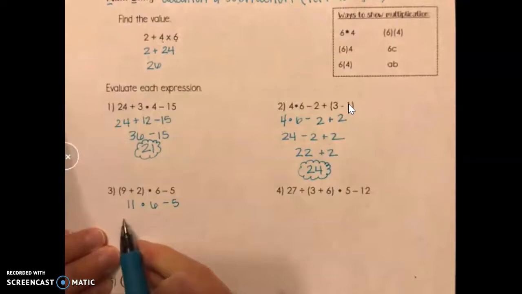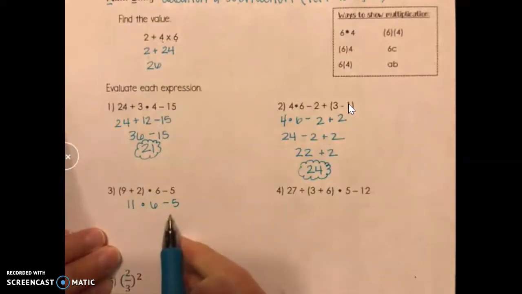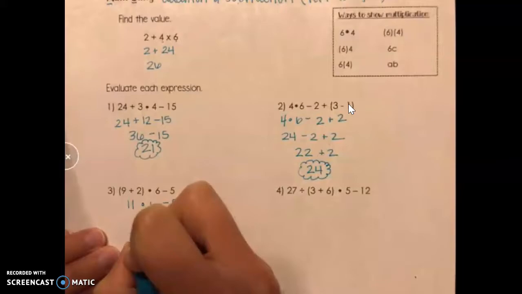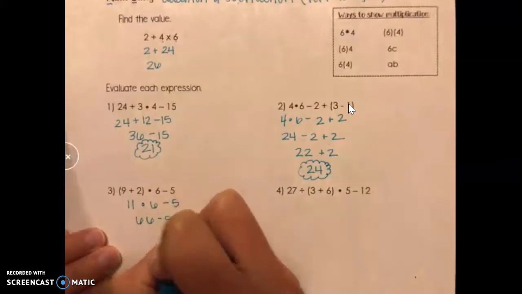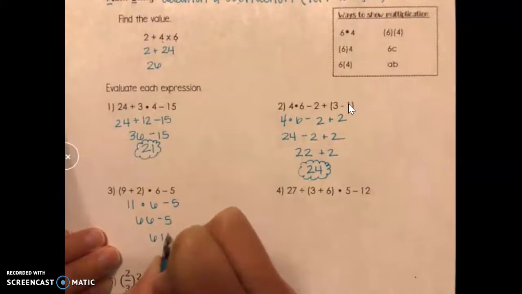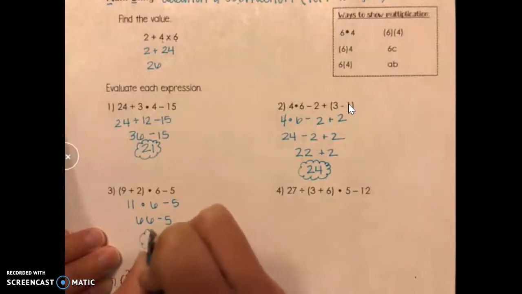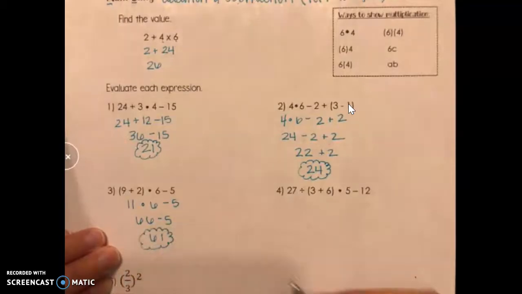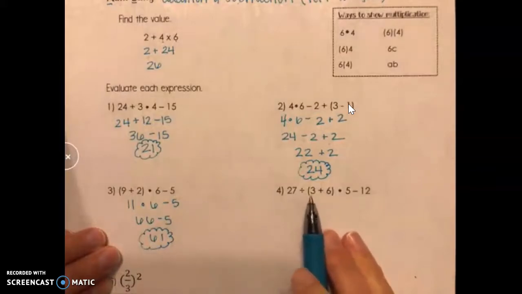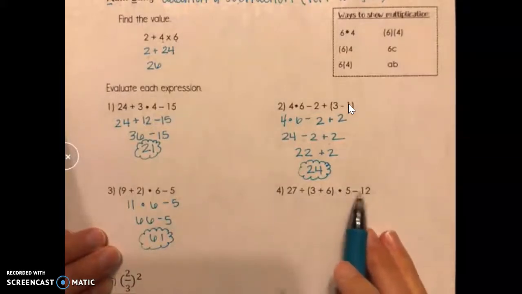Excuse, which is exponents. I don't have any exponents. My dear, I do have a multiplication, so we're going to solve for that. And then there's nothing else left, so we would just subtract, so that would give us 61.